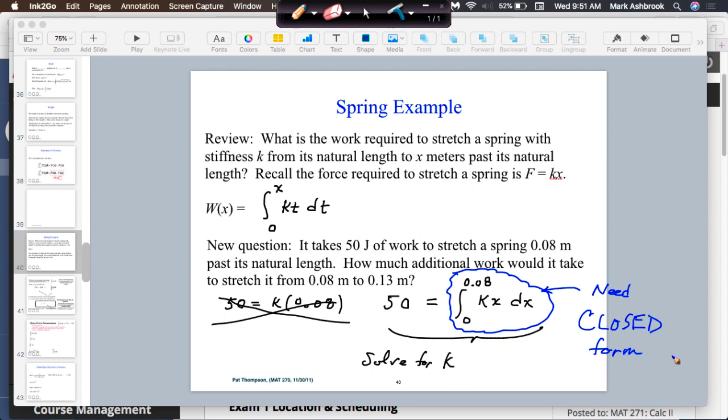So here's a situation where open form, while it's very nice for displaying the process, for showing the behind-the-scenes mechanics of accumulation and where it comes from, is not very helpful in solving this problem, right? So there are benefits to both, closed and open form. So here's a situation where we really need closed form.